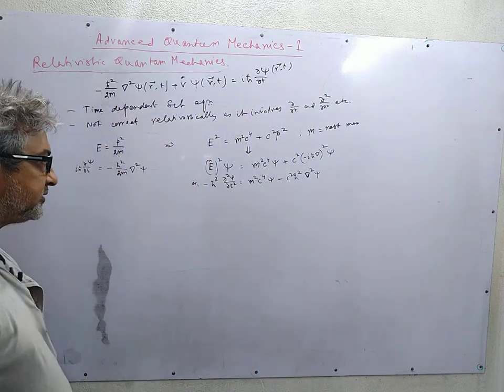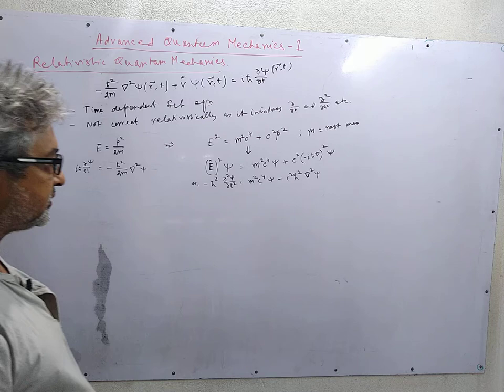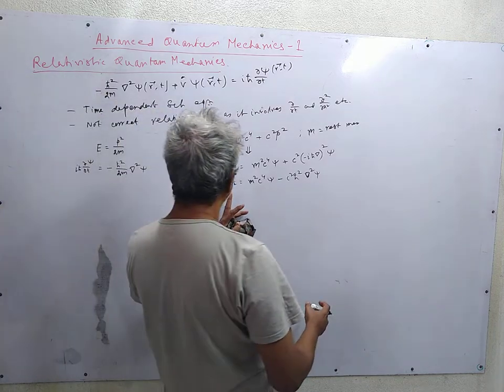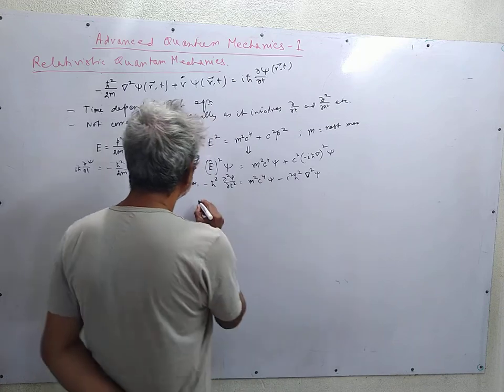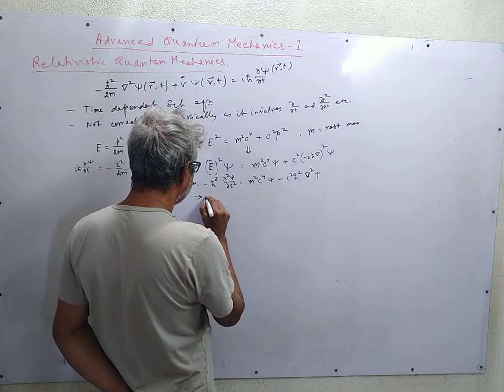This is a relativistically correct equation because it involves a second order derivative with respect to time as well as in space.